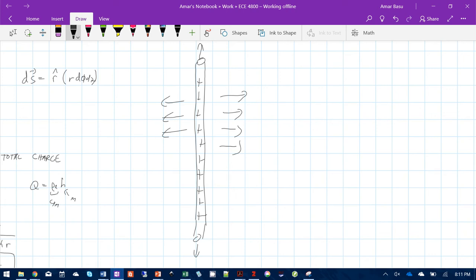They go away from the charge. So the surface that you can draw around here, where the electric field lines are not only perpendicular to the surface but also equal in magnitude everywhere, is a cylinder. At every point on the surface of the cylinder, the magnitude of the electric field is E sub r.